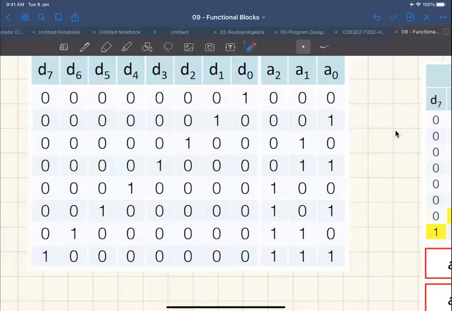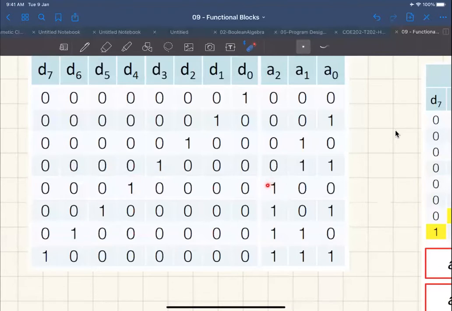Now, for A2, for example, we have 1 here, which means that in this row here, the only one is D4. So if D4 is 1, my A2 is going to be 1.